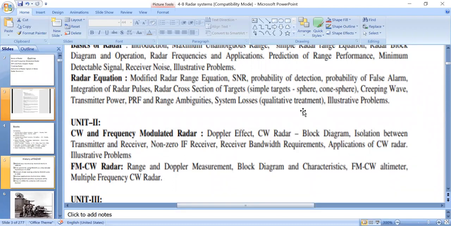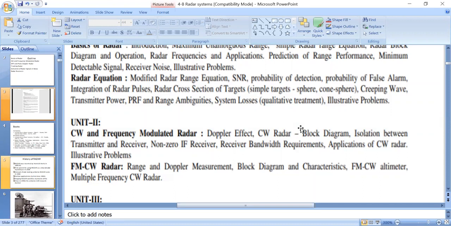But even by using these two methods in the non-zero IF receiver, there is another disadvantage: the range cannot be detected by continuous wave Doppler radar, only the moving target is detected. Range is not calculated.